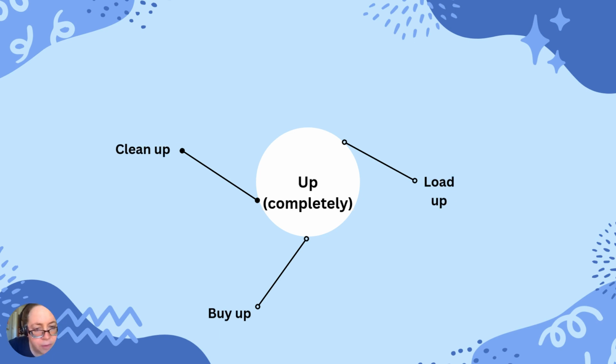Up. The use of up as a preposition in phrasal verbs, one of the meanings there is to do the action of the verb completely, thoroughly, to the most you can do it, the fullest extent. So with clean up, for example, you can clean, that specific action, just the verb itself.